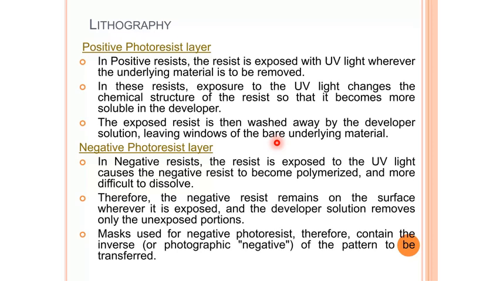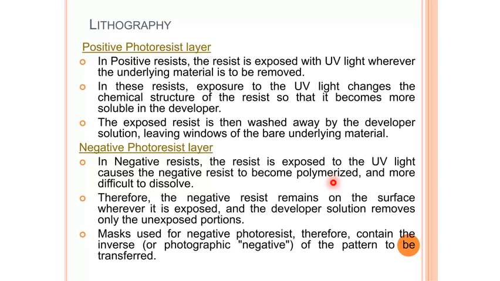In the case of negative photoresist, exactly the opposite happens. When the resist is exposed to the UV light, it causes the negative resist to become polymerized, and that won't be dissolved. It is very difficult to dissolve with the solution.